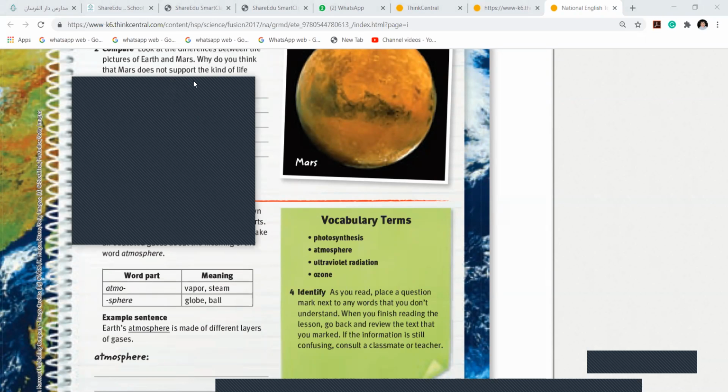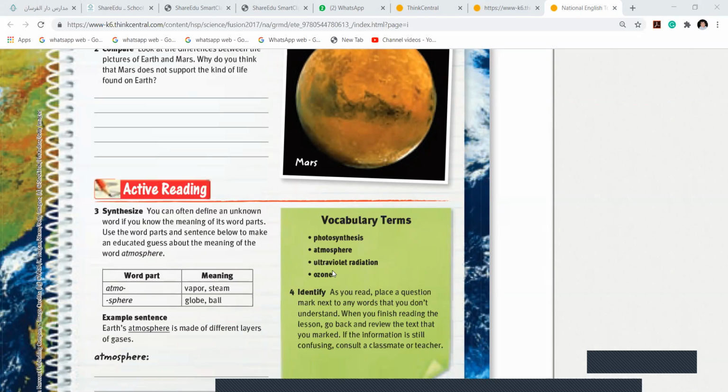Photosynthesis, atmosphere, ultraviolet radiation, UV rays, and ozone. UV rays is ultraviolet radiation, and ozone.